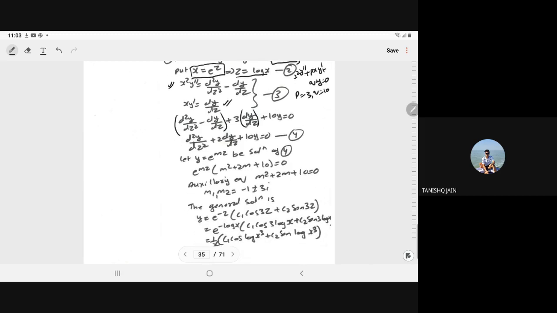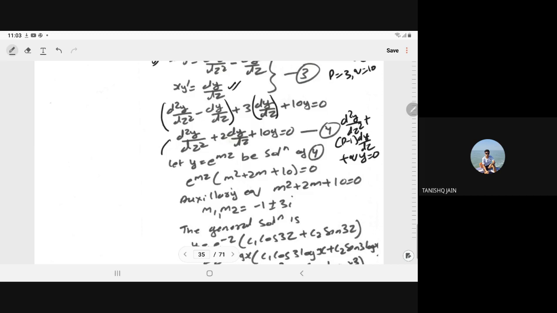It will give you d2y upon dz2 plus 2 dy by dz plus 10y. Or you can directly write d2y upon dz2 plus (p minus 1) dy by dz plus qy is equal to 0, because you know the derivative. So here we have now this equation.